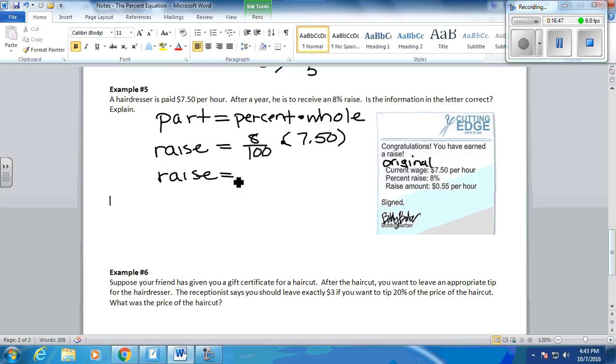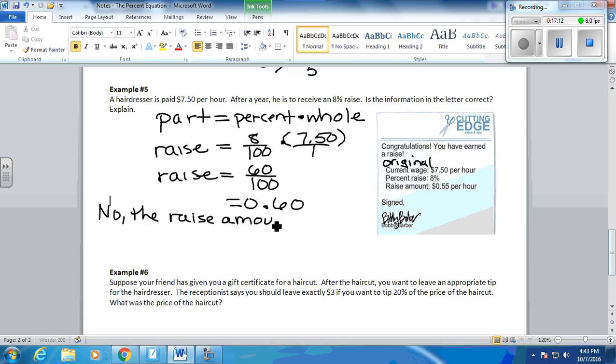You're doing 8 times 750. 8 times 750 is going to give me 6000, and that leaves me with 100 in the denominator. So 60 hundredths is the same thing as 0.60 as a decimal. And so he was actually supposed to get a 60-cent raise. So is the information in the letter correct? No, definitely not. The raise amount in the letter is incorrect.